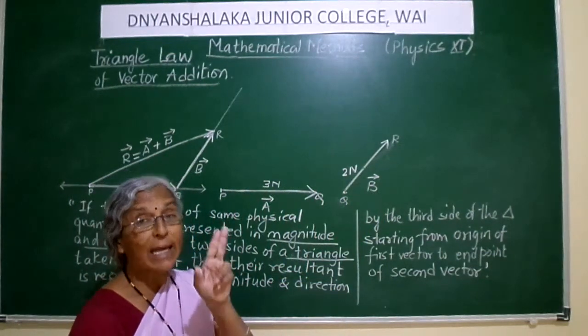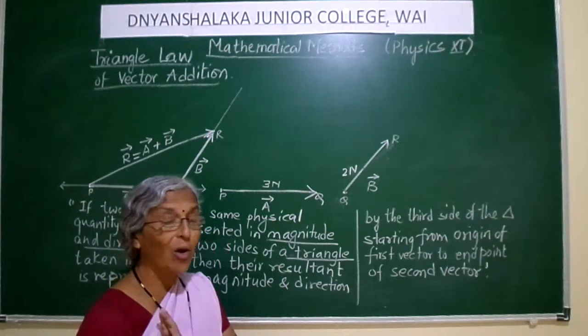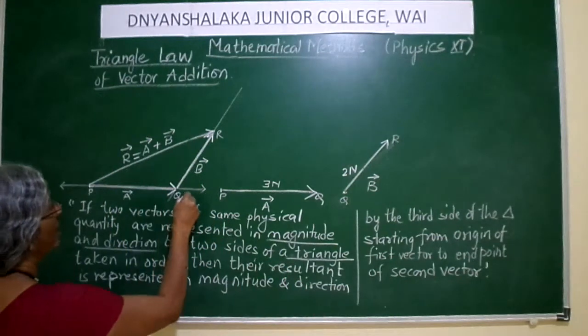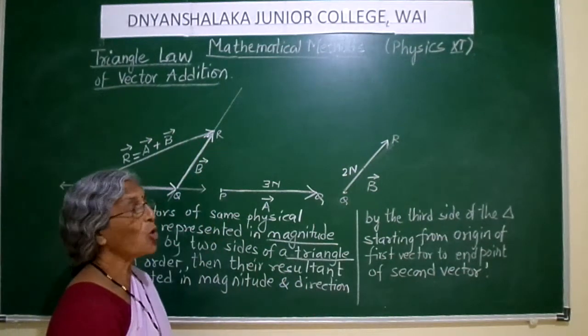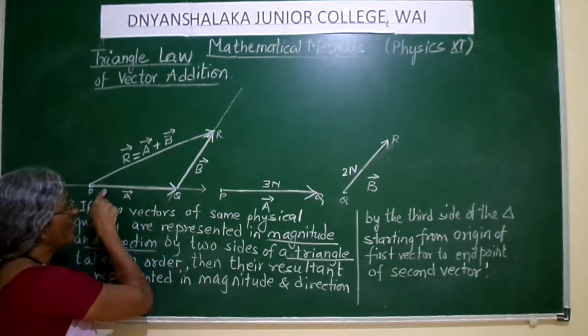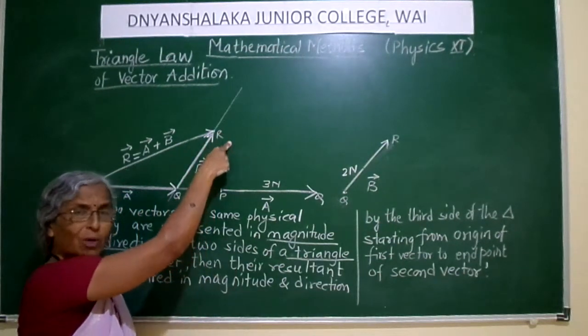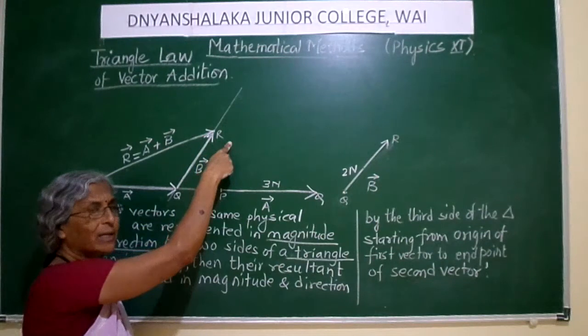Okay, taken in order. What does taken in order mean? Now we have got the triangle PQR over here. So if I take the first vector as side PQ, the second vector should be taken as QR. That is what is taken in order.